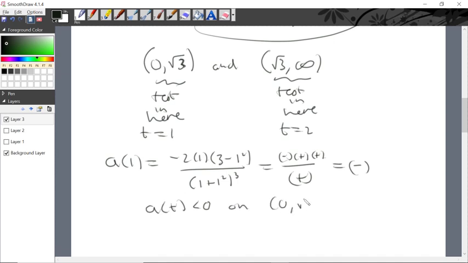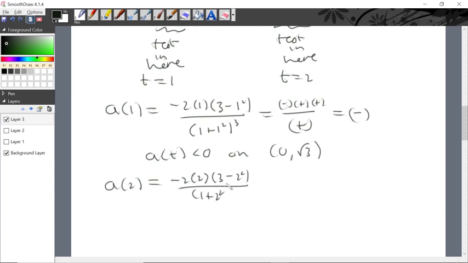That is the interval from 0 to root 3. Now test at 2. A of 2 is equal to negative 2 times 2 times 3 minus 2 squared, over 1 plus 2 squared, cubed. Again, the denominator is positive for all real numbers.